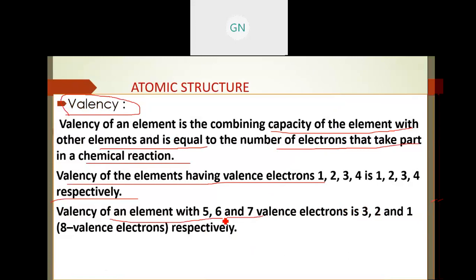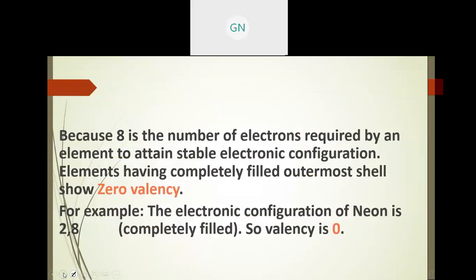But for elements with 5, 6, 7 electrons, we have to subtract from 8. So we get 3, 2, 1 respectively. Because 8 is the number of electrons required by the element to attain a stable electronic configuration.